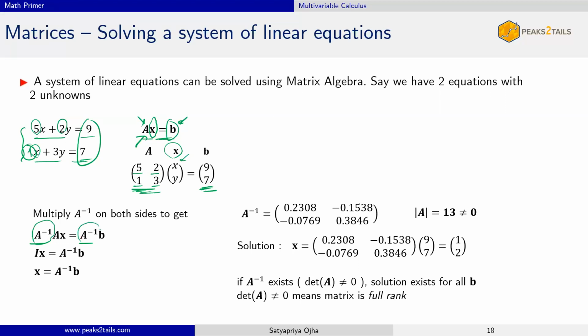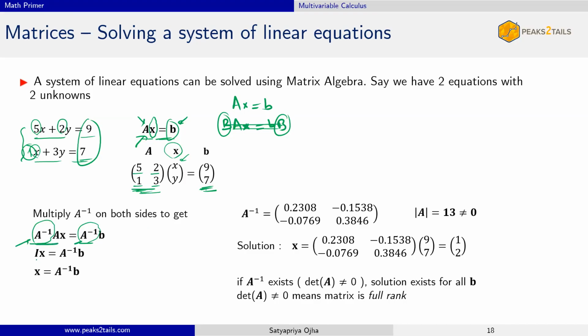Pre-multiply A inverse. What I'm saying is, if Ax equal to b, don't multiply b here and then multiply b there. This is post-multiply, this is pre-multiply. Can't do that. It has to be the same on both sides. So pre-multiply A inverse on both sides.